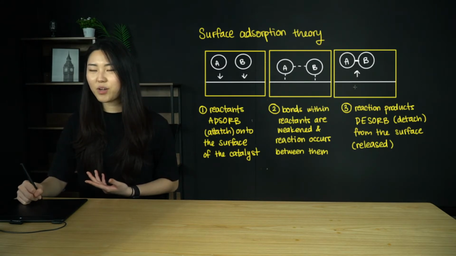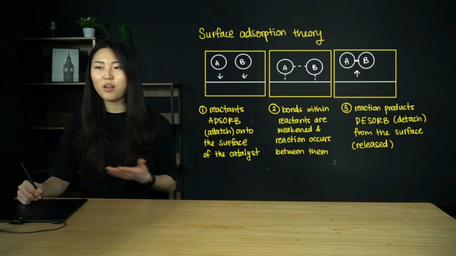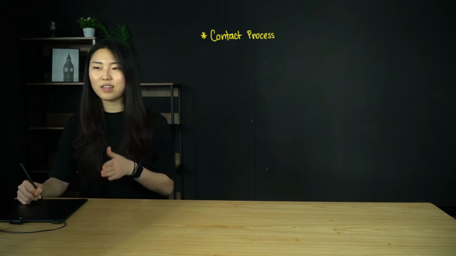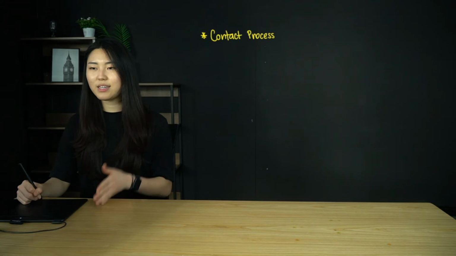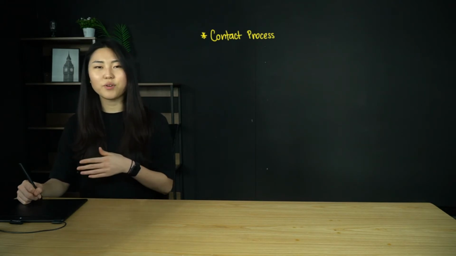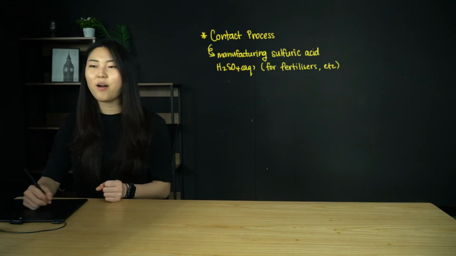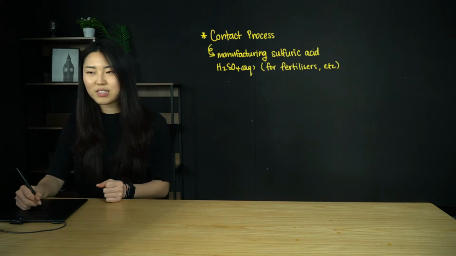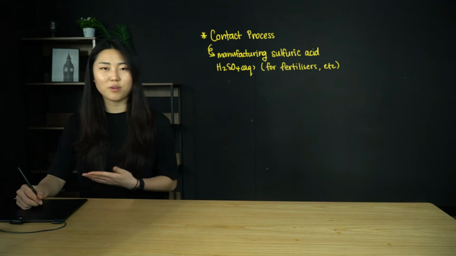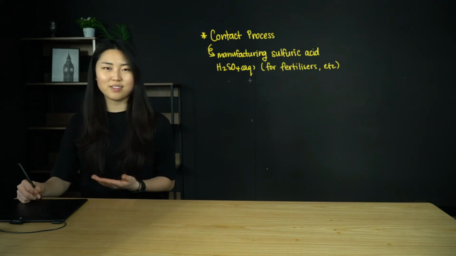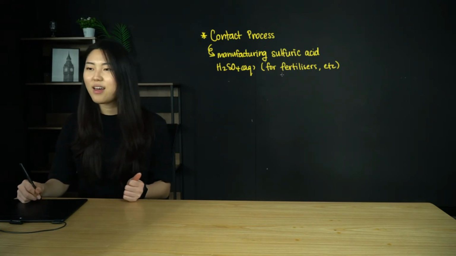So we're going to look at an example of a heterogeneous catalyst. In this case, we have the contact process. This is basically manufacturing sulfuric acid, H2SO4 aqueous, which has many uses, for example for making fertilizers, and that's just an example, but there are many other uses.